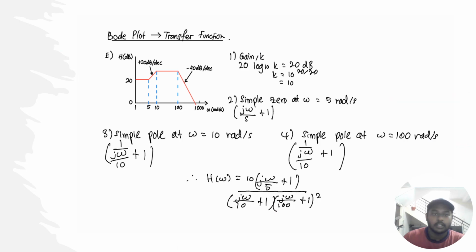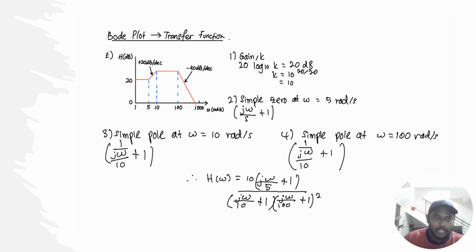Thank you. Assalamualaikum, my name is Muhammad Nalif. So on this part, I will be explaining on transferring from Bode plot to transfer function. So as we can see here, firstly we find out the gain. We use the formula 20 log 10 K equal to 20 dB, which we get K is equal to 10, and then we simplify the zero at omega equal to 5 radian per second.